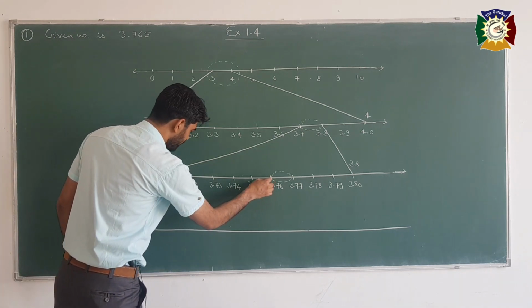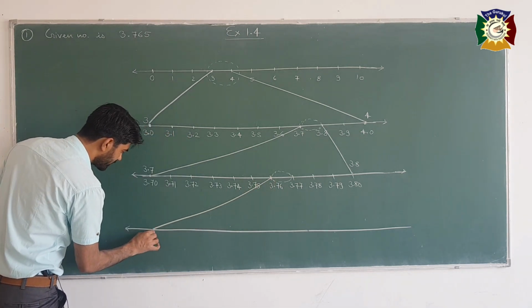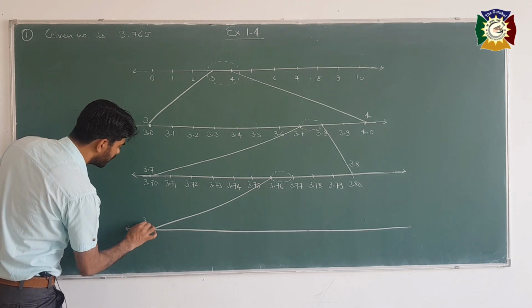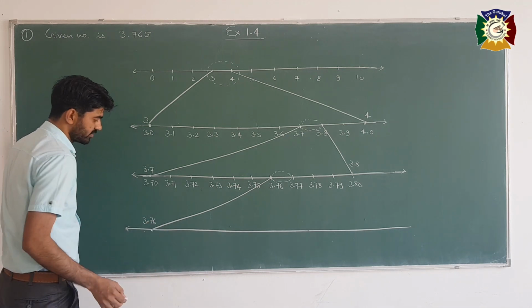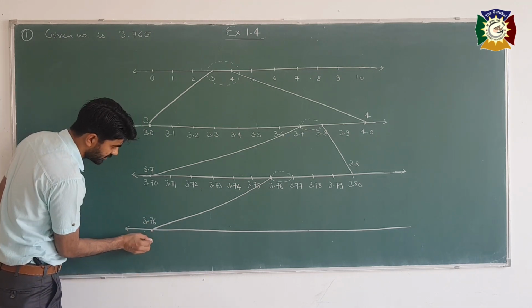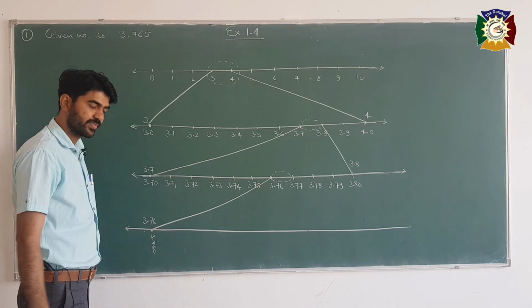So I will take this number here somewhere, 3.76. I can write this number as 3.760.